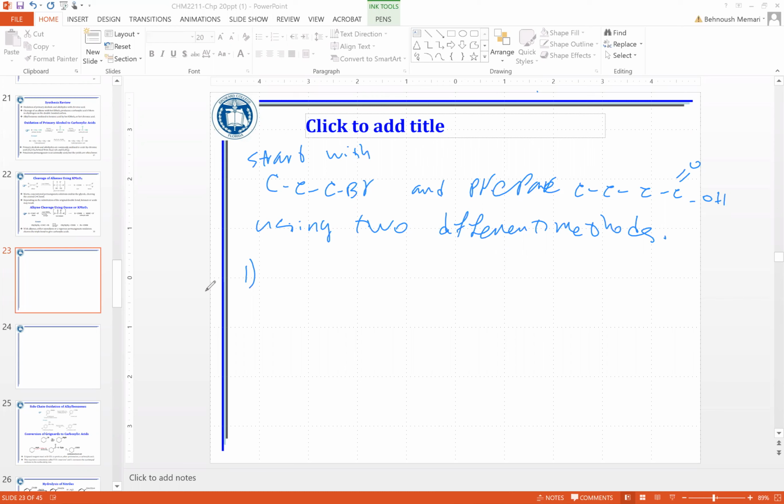Tell me your steps. I need everyone to participate. So please tell me, what would you use to prepare the 4-carbon acid? You have a 3-carbon halide and you want to make a 4-carbon acid.